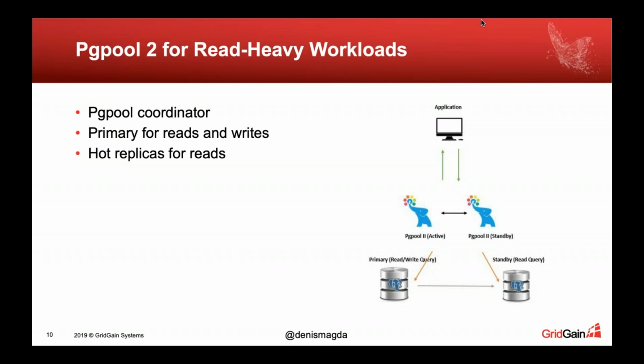Then you have the primary replica of your Postgres database, and you can have two or more secondary replicas. With this architecture, the goal is to improve your read-heavy workloads, and the coordinator helps to load balance all the queries coming from your application, to ensure that not only the primary replica is under load, but the load is distributed across all of the available Postgres instances.